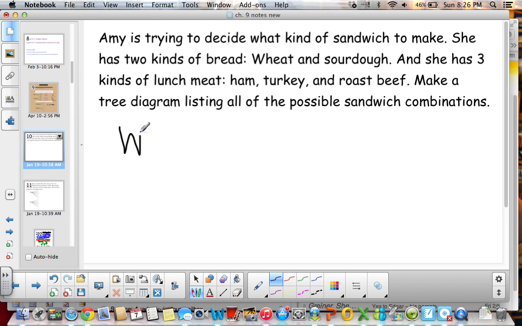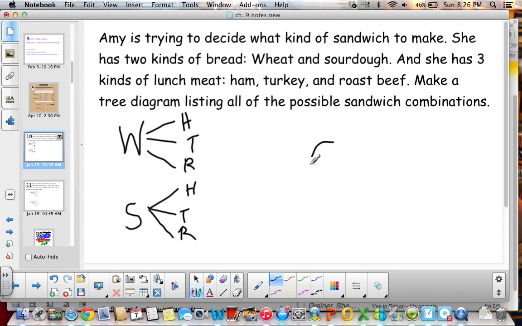So she can either pick wheat or sourdough, and she can go with ham, turkey, or roast beef. And then also for sourdough, she can go with ham, turkey, or roast beef.